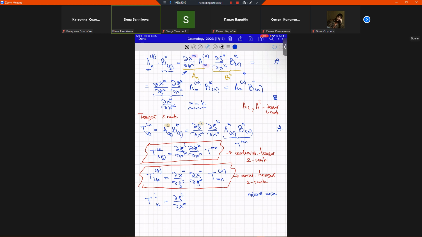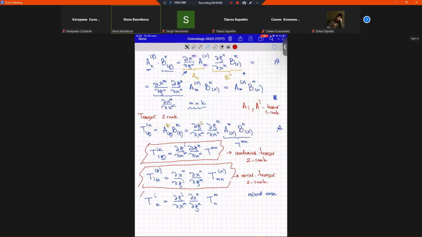Now for the covariant index, I need to write it otherwise: dx^i, the x summation index n, and here I need to organize n upper, so I put it here, m lower, I put it here.